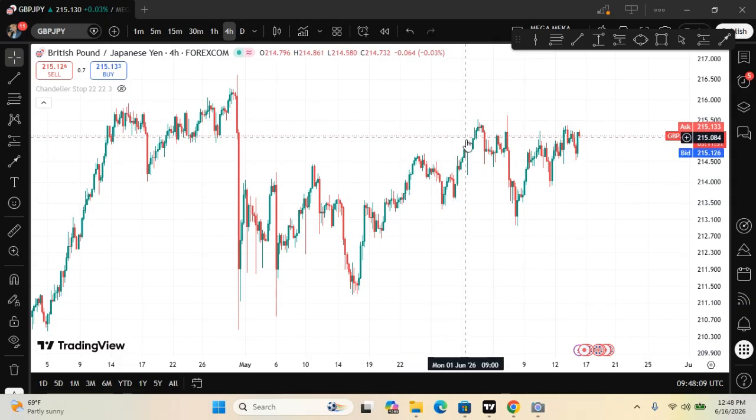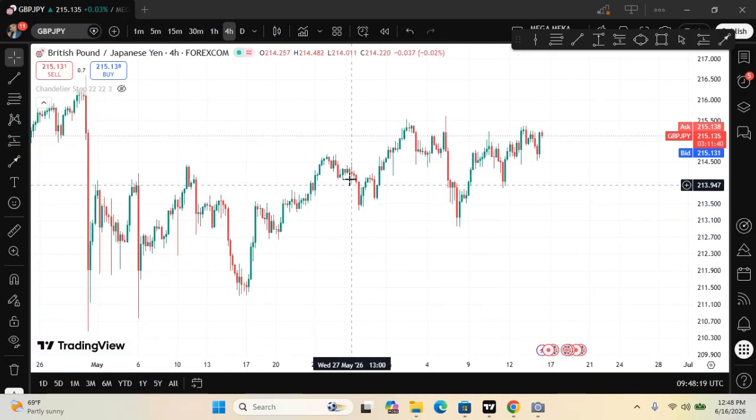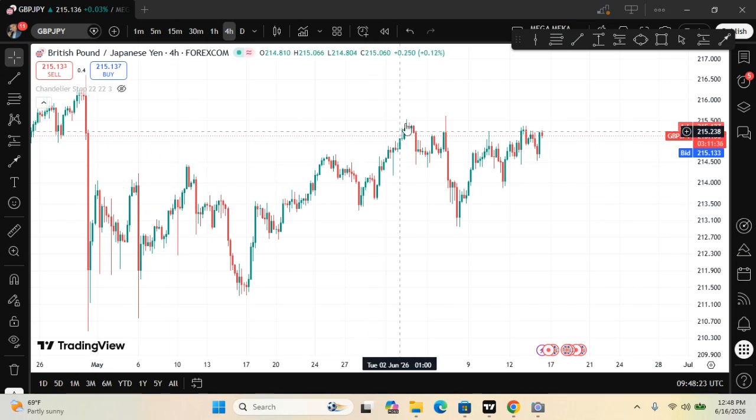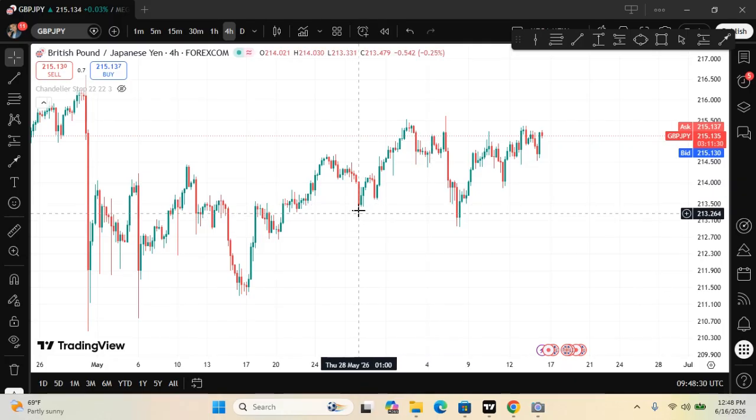When I'm searching for support, I'm looking for areas where price touched a level and bounced higher. Like this area here. Can you see how it touched here, it bounced higher. It touched here, it bounced higher. I would use this as my support.